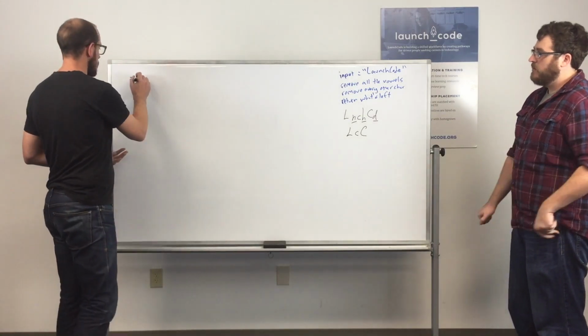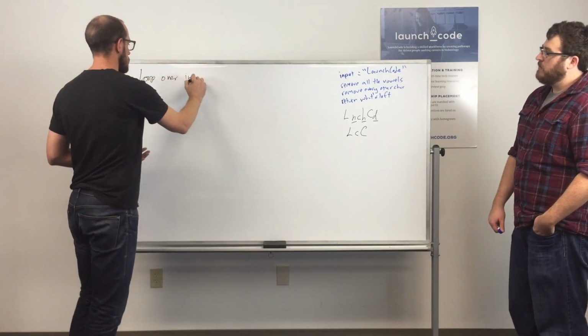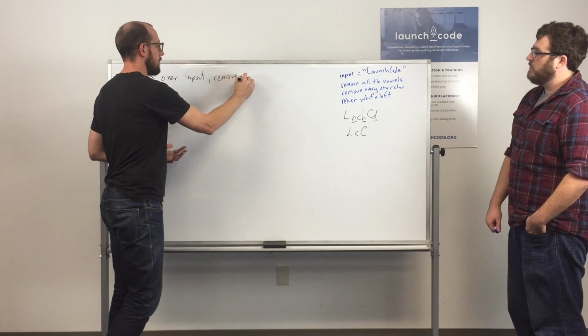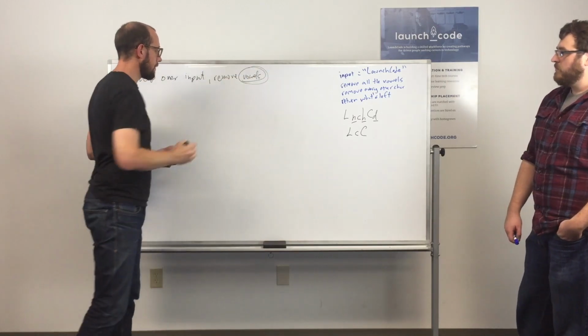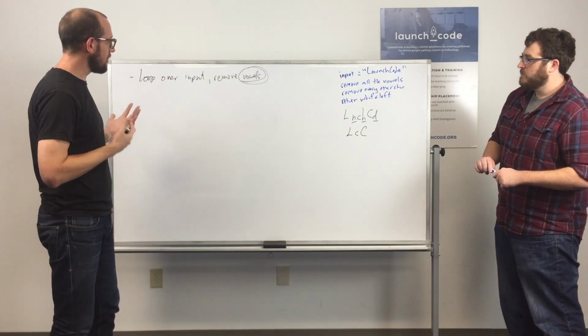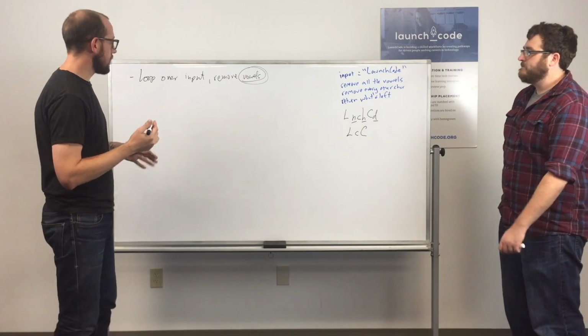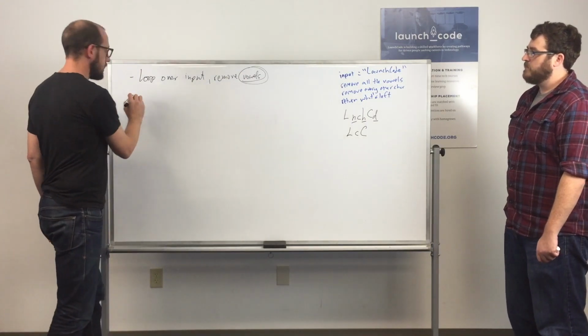So I'm going to say loop over input and remove vowels. I'm not sure how I'm going to check to see if something's a vowel. It's something I'm going to have to figure out, but there are probably some different ways I can do that, and I'll try to do that once I get started coding.